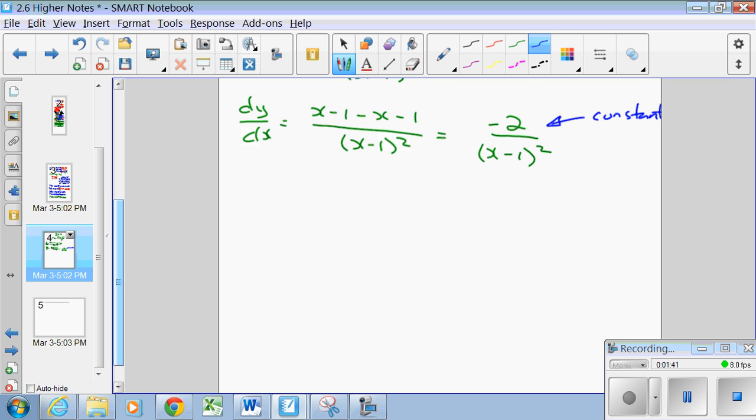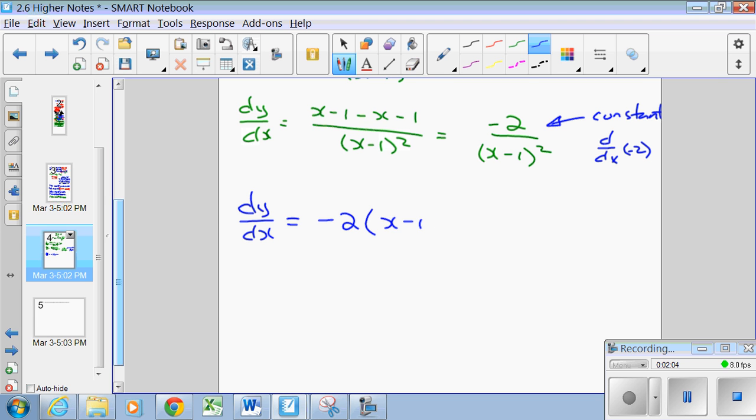And if you start looking at the quotient rule, if you take the derivative of a constant, it's actually going to give you a derivative of 0. So there's no real need to use the quotient rule. What we want to do instead is start off with our first derivative equaling something that's more like a power rule, more like the chain rule.